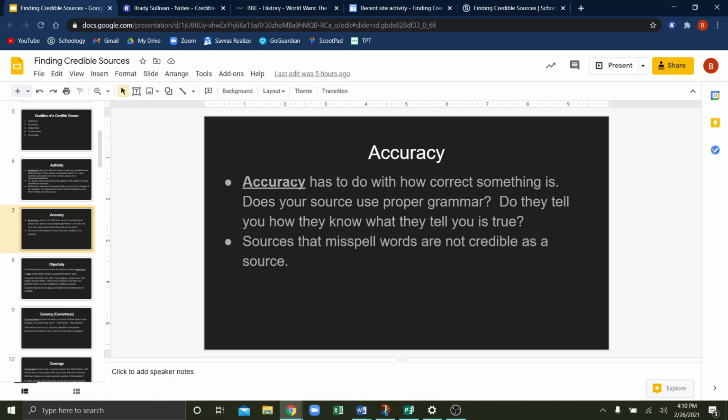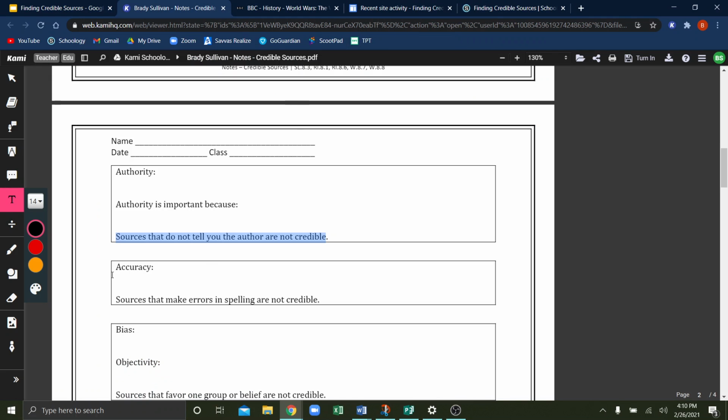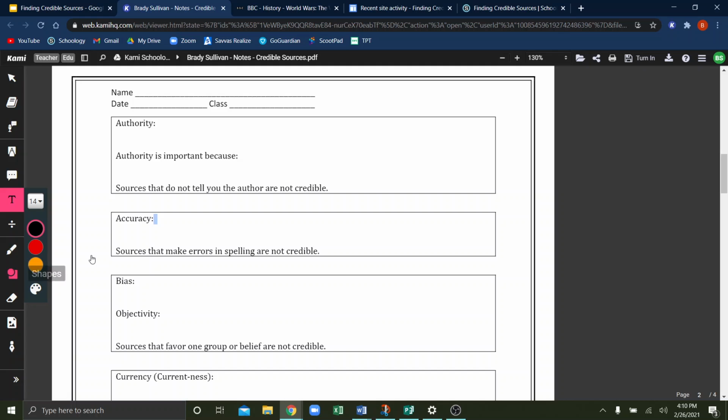Accuracy has to do with how correct something is. Does your source use proper grammar? Do they tell you how they know what they tell you is true? Sources that misspell words are not credible as a source. So we're going to copy that down again onto our notes here. Accuracy is how correct something is.